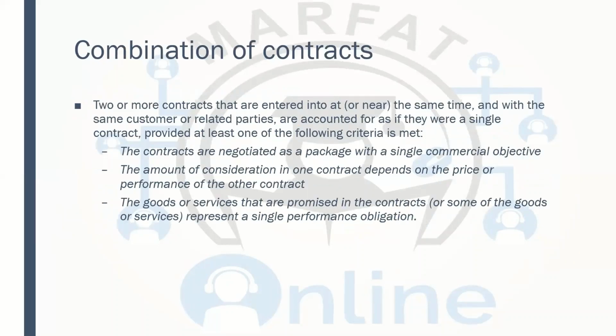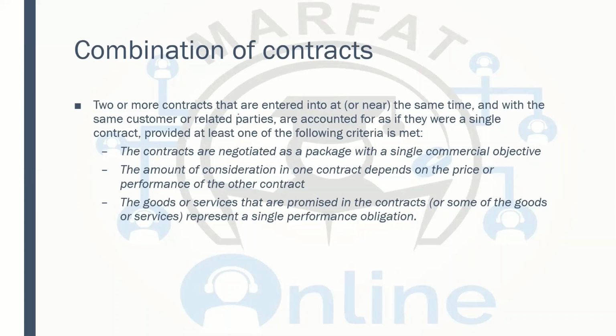Now we are dealing with the same step number 1, which is identifying the contract. What if you have more than one contract, two or more contracts? How are you going to deal with those contracts?